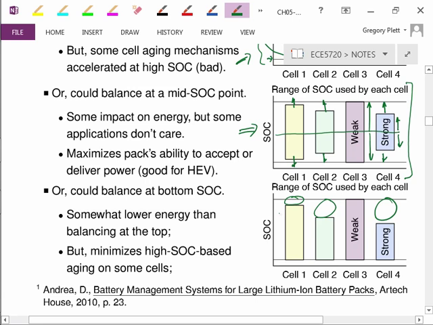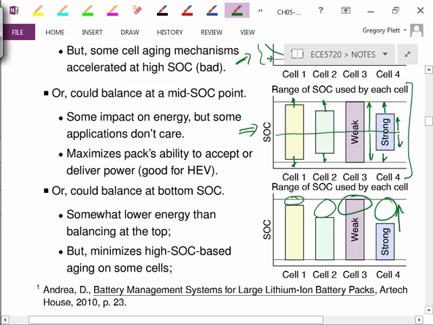But because the strong cell is the one that stays away from high states of charge the most, it will remain strong longer, but the weak cell is still operating at high states of charge, so it will get weaker just as quickly as the other cases.